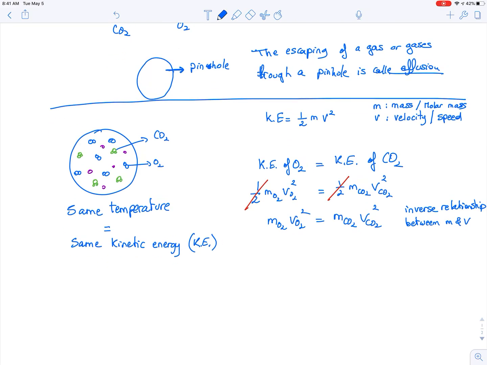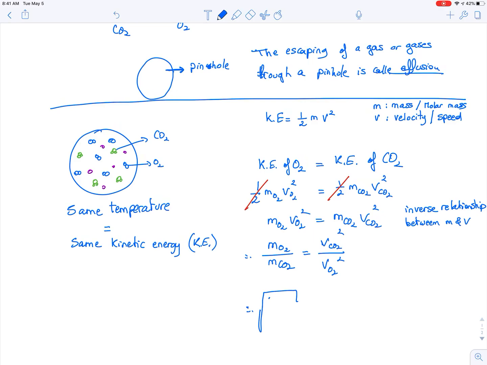So basically what happens is you put all the molar masses on one side. So the molar mass of oxygen over the molar mass of CO2 on one side. And on the other side, you have the velocity of CO2 squared over the velocity of oxygen squared. And we don't like to keep squares in the equation. And therefore, it really is going to look like this. Now we do the square root of the left side.